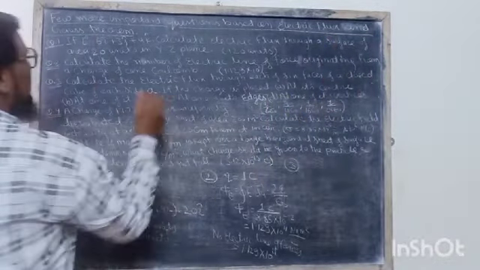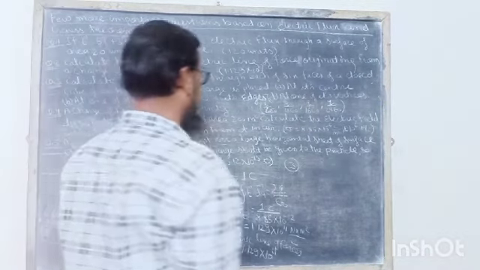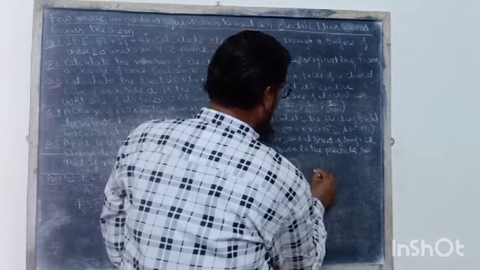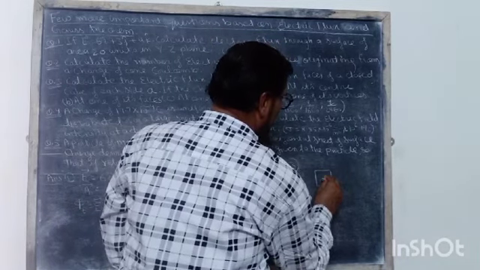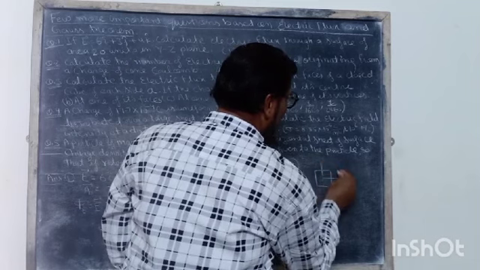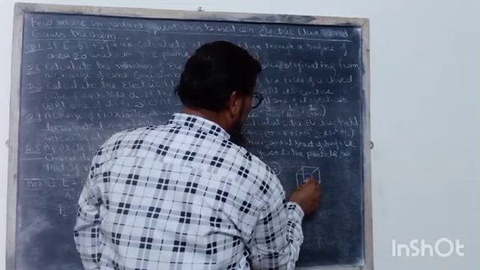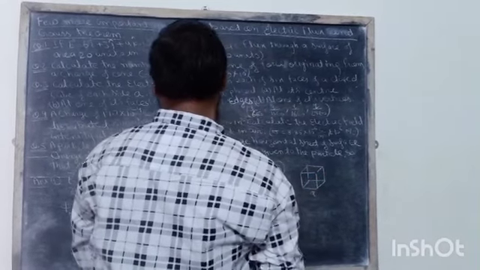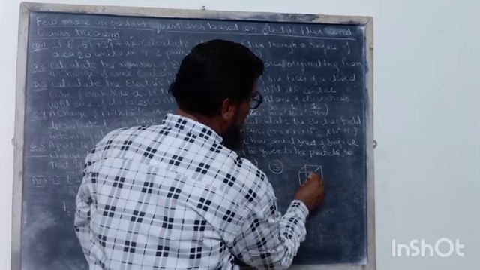So here for the first case, we consider a cube of each side a, and a charge is placed at its center.